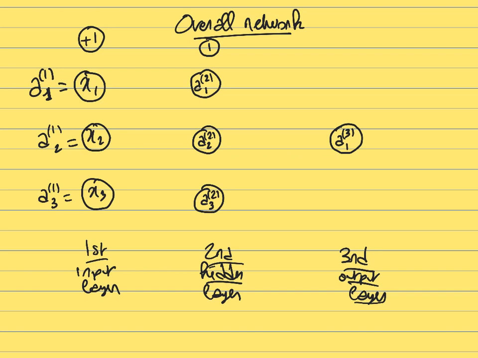So the only thing that you have is connections in between two successive layers. So for example, you will have one connection here between this bias and the first neuron of the second layer. You will have a connection here, a connection here, a connection here, etc.